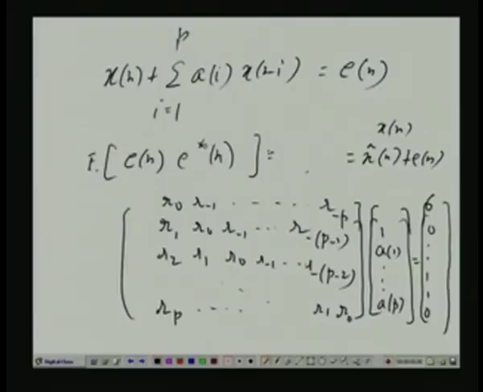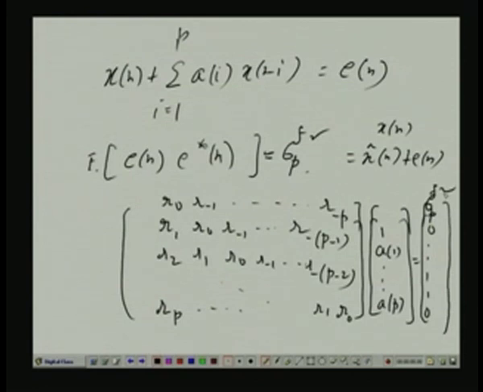That is why it is a forward prediction error variance. Sigma square is usually used for variance, so sigma f square, f for forward. We also put a subscript p to denote that it is a pth order linear prediction or pth order modeling problem. Mind you, this is unknown, because the input E n or the prediction error E n is not known to us, and therefore this is unknown, but still we write it like this.